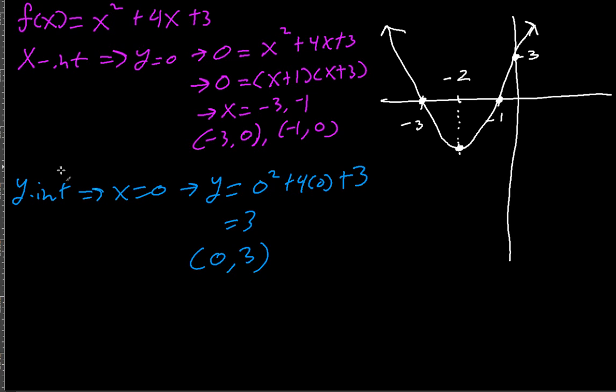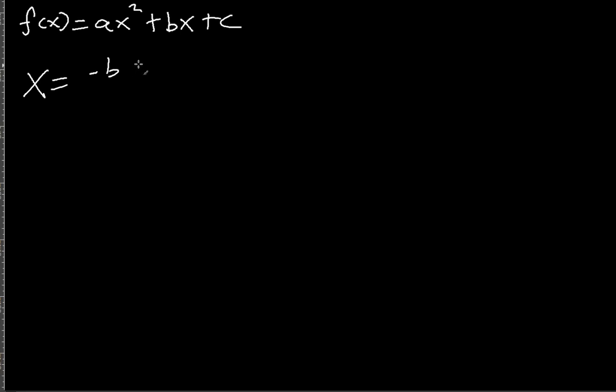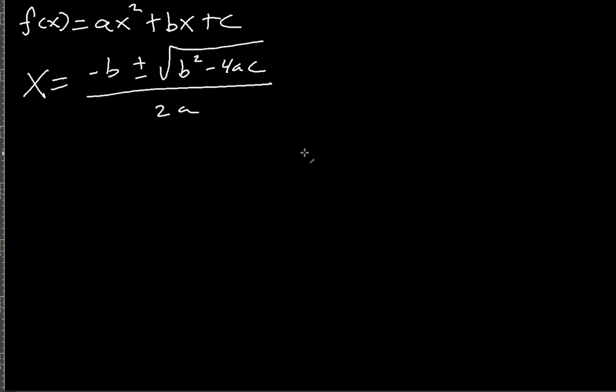And I want to remind you of something, and that is the solution to all quadratic equations. So with something like f of x equals ax squared plus bx plus c, we found that all of the solutions have the form -b plus or minus root b squared minus 4ac over 2a.